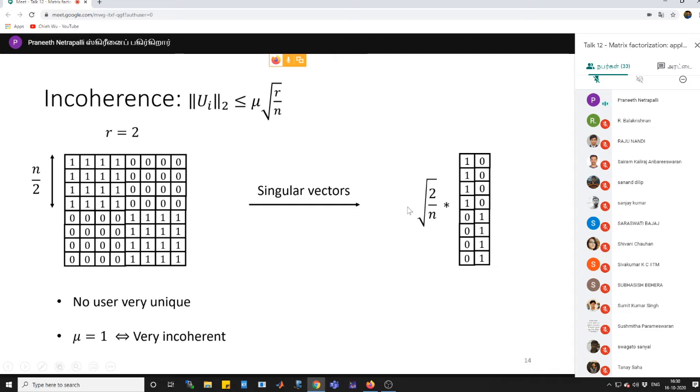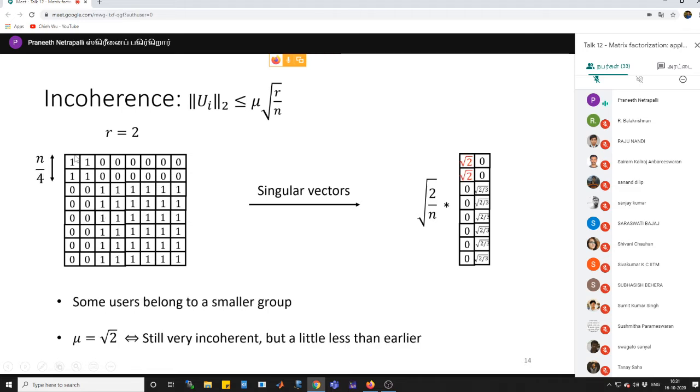In this case, the singular vectors turn out to be square root of 2 over N times all ones and zeros, and all zeros and ones here, right? And because rank is equal to 2, this is square root of R over N times any row has norm 1, right? So in this case, the incoherence parameter is equal to 1, and this is a very, very incoherent matrix, right?